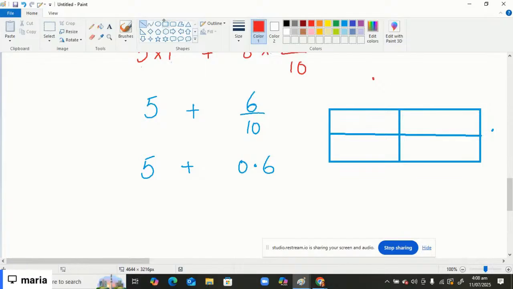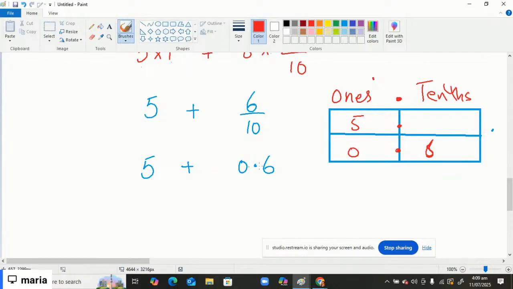Now here is the table, let's do it. This is the digit after the point, that is the ones place, and that is the tenths. The ones place is 5, after the point this is 6, and here is 0.